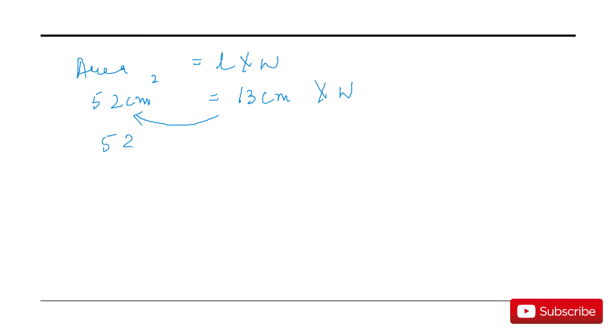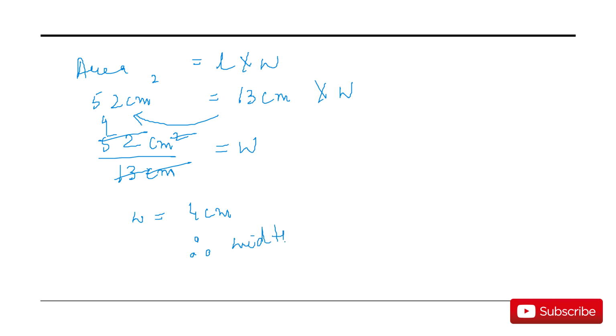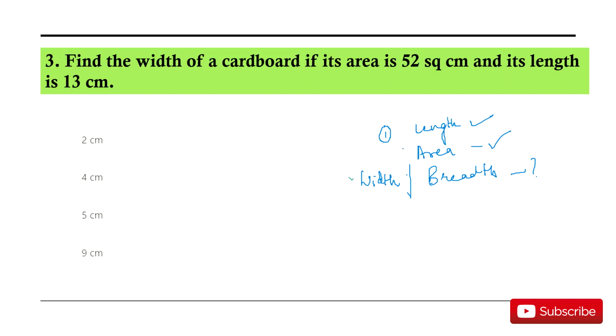Since it is multiplication, it will come as division: 52 divided by 13 is equal to width. So 13 fours are 52, and my width is equal to 4 centimeters. Therefore, the width of the rectangle is 4 centimeters. Yes, I have the correct option here as 4 centimeters.